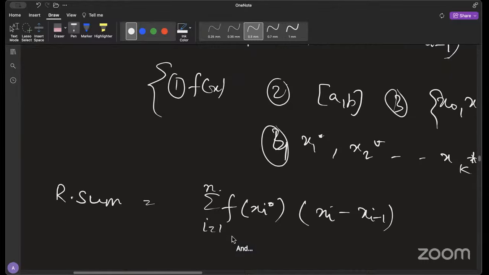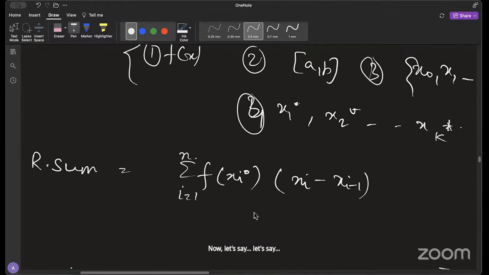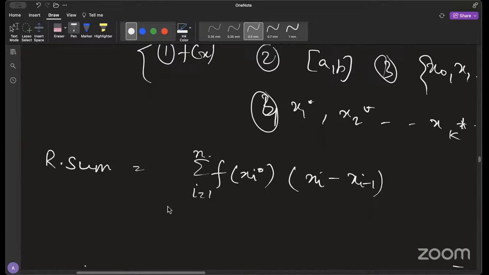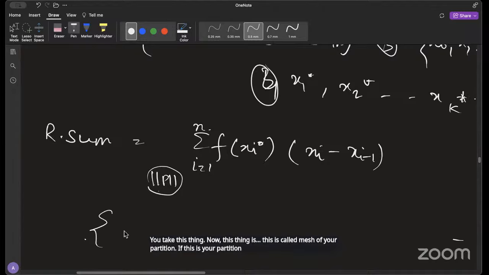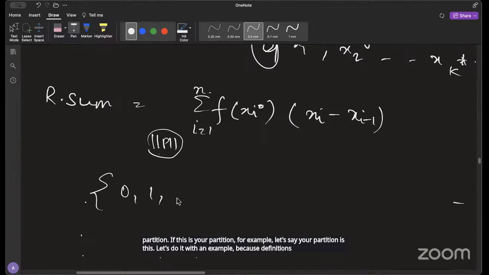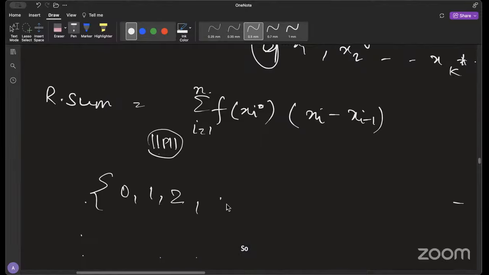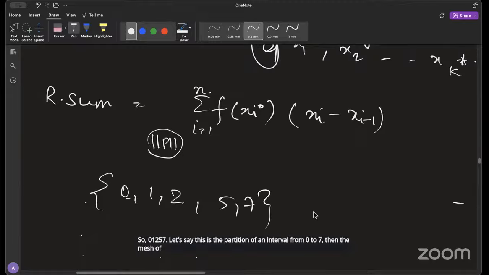Now let's say you take this thing. Now this is called the mesh of your partition. Let's do it with an example because definitions are getting really messy. So 0, 1, 2, 5, 7. Let's say this is the partition of an interval from 0 to 7. Then the mesh of this partition is basically the largest length of the subinterval.